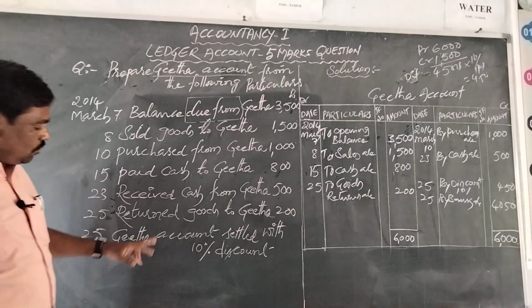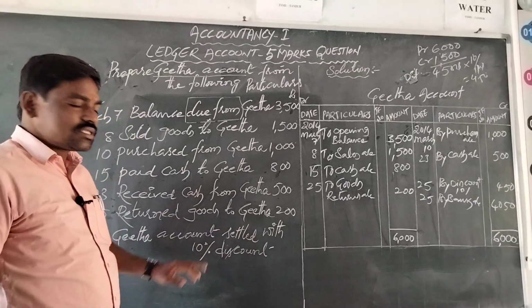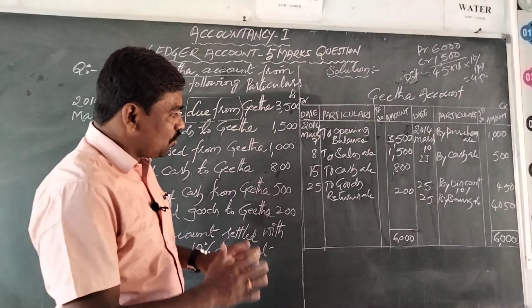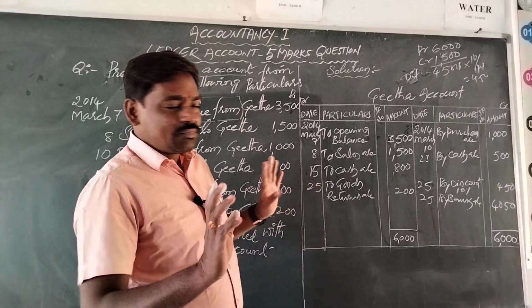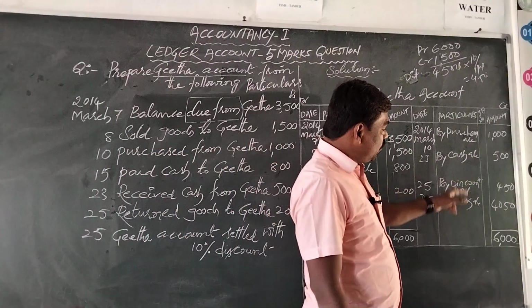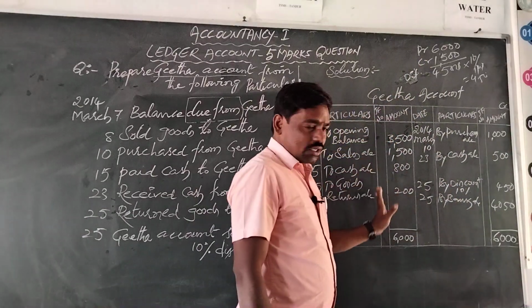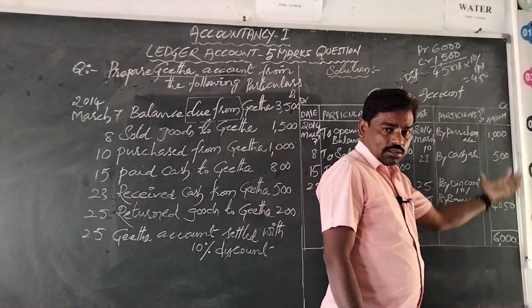Okay students. So the last point, that is Geeta account settled with 10% discount. It is important. So we are going to settle the Geeta account, means we are collecting the due amount from Geeta, giving 10% discount to her. First of all, find out the difference amount. To find the difference amount, we need to calculate in the working notes the total debit amount and total credit amount.